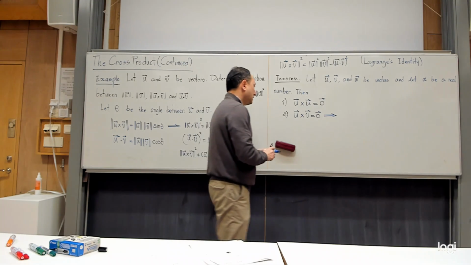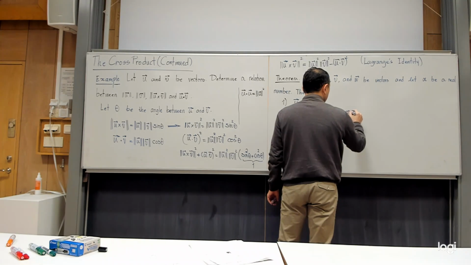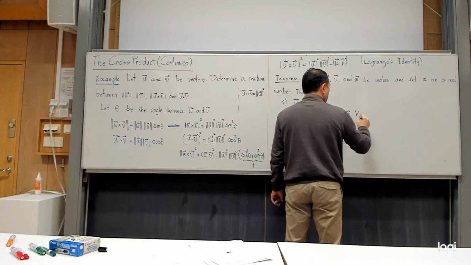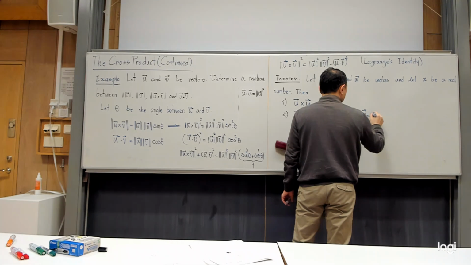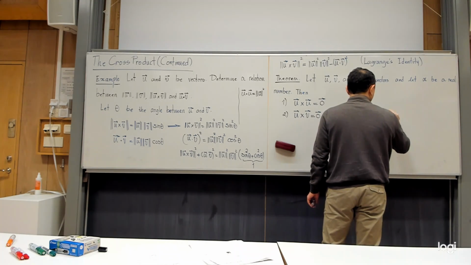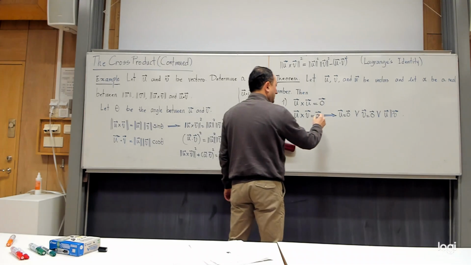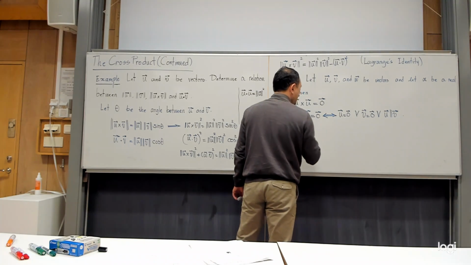Exactly. So it means that the first one is the 0 vector, or the second one is the 0 vector, or u is parallel to v. And of course, this arrow goes in both directions.